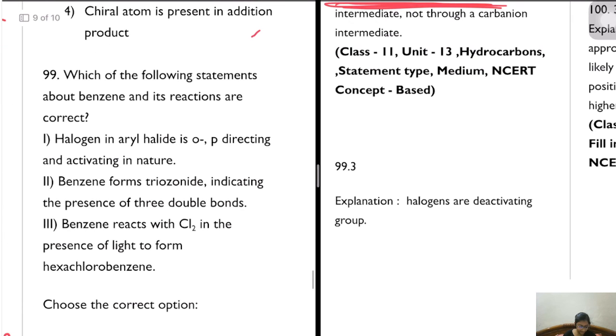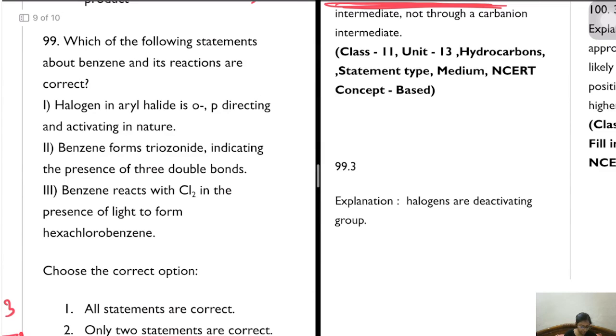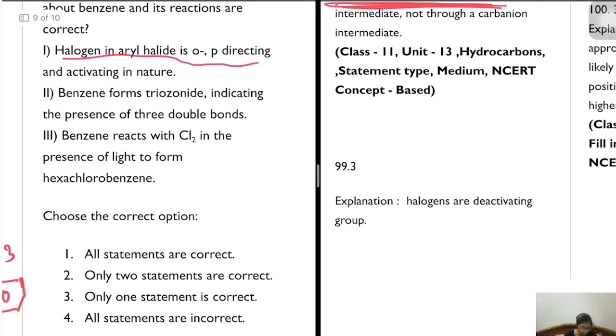Which of the following statements about benzene and its reaction are correct? Halogen in the aryl halide is ortho and para-directing and activating in nature. Benzene forms triozonide and indicates the presence of three double bonds. This is correct.